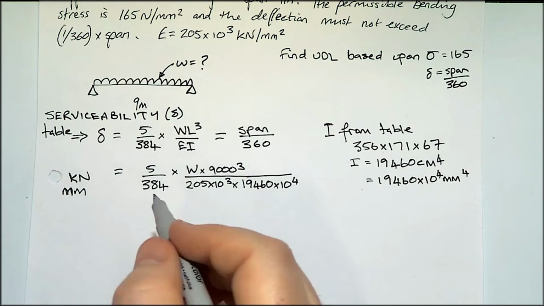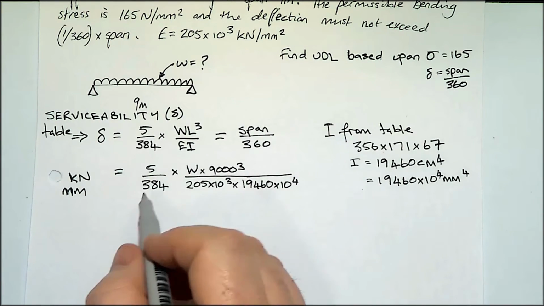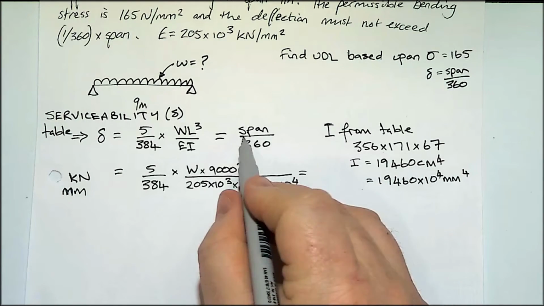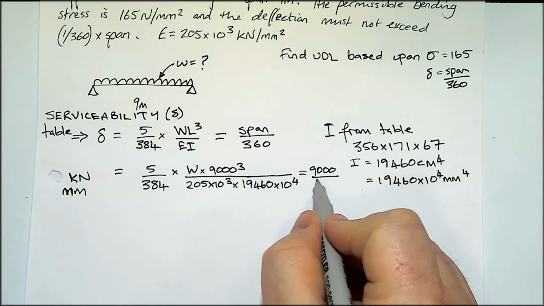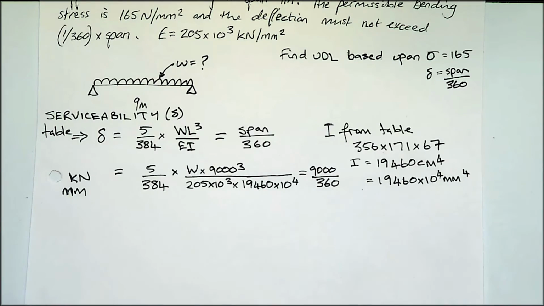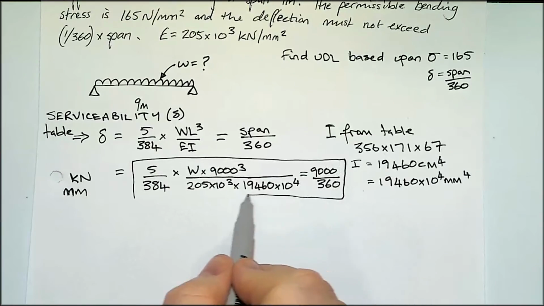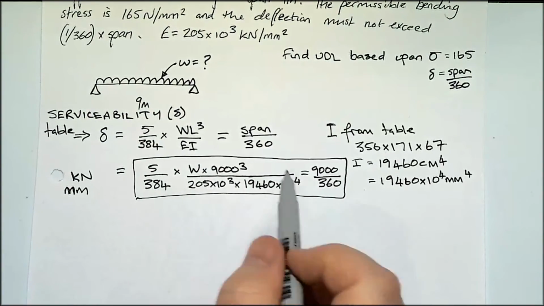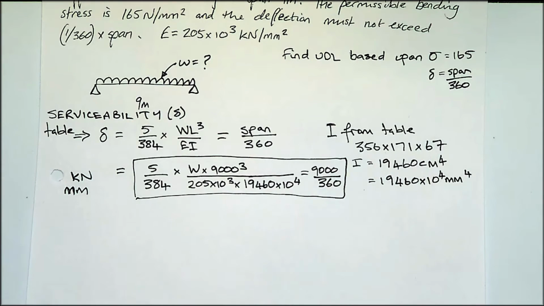If we rearrange, that there equals the span over 360, which is 9,000 over 360. You can either multiply that out or rearrange it and work out what W is.